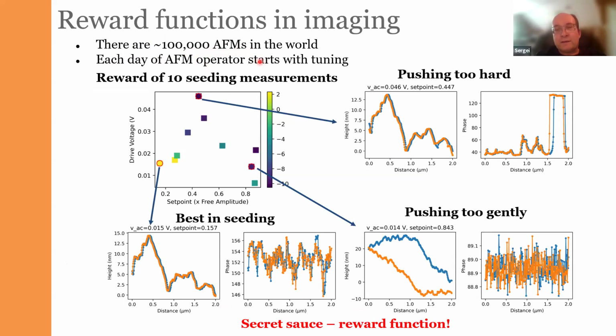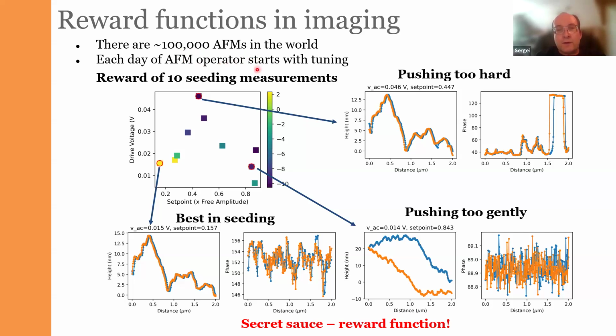There are special cases with some of the nanoserve machines that are part of the manufacturing lines in industry, but by and large, AFMs are relatively cheap benchtop tools. That means that each time there is an instrument collecting data, there is somebody sitting in front of it who actually turns the knobs in order to make sure that the microscope works.